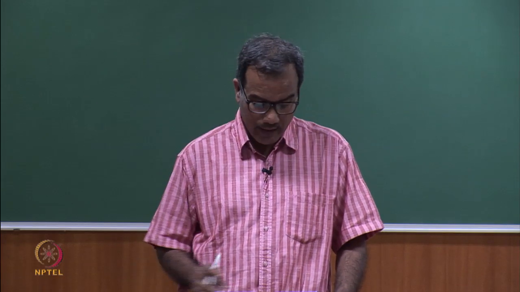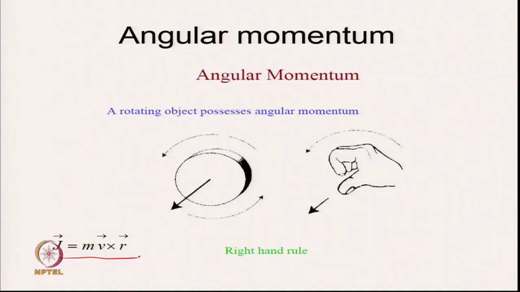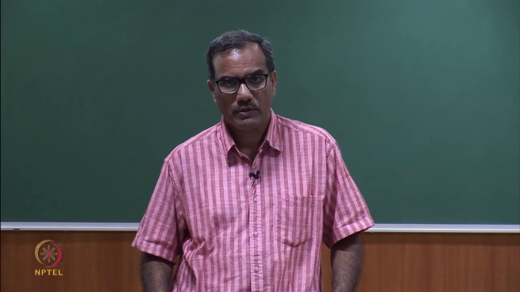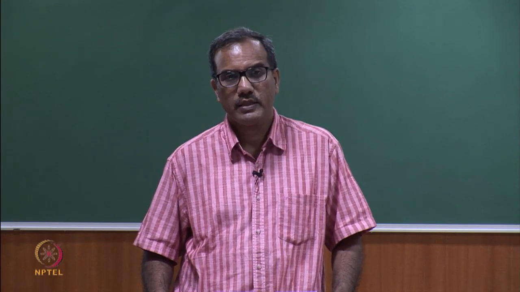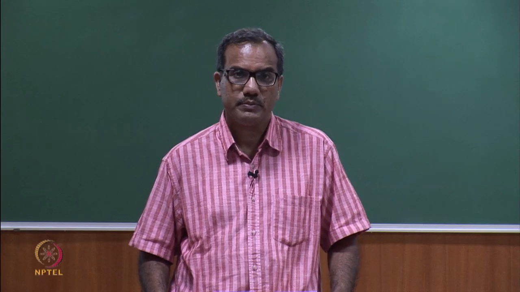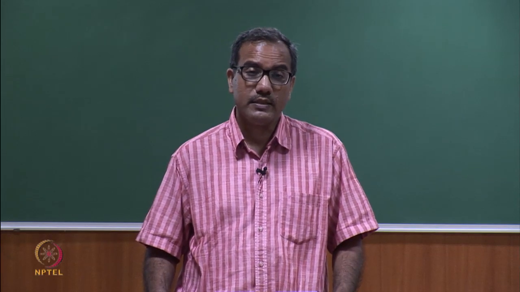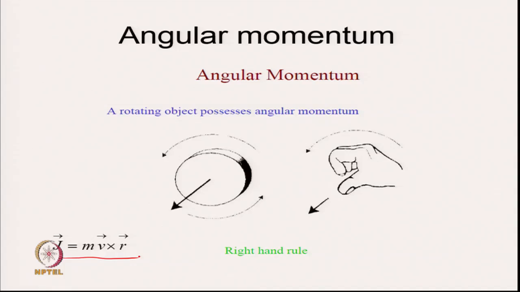The way angular momentum is given is J is equal to m into v into r. Here m is mass, in this case the mass of the electron, v is velocity, and r is distance from the center. And the direction you can also know.